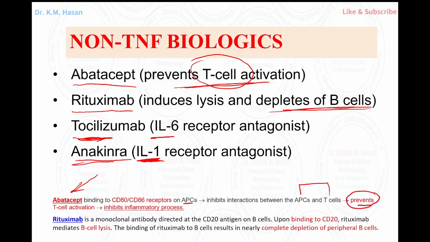How? It prevents binding between CD80, 86 and the other part of the T cells and APC cells. Regarding rituximab, a monoclonal antibody, we know that rituximab affects the CD20 on the B cells, and when it binds to the CD20 on the B cells, this will lead to the death of B cells.